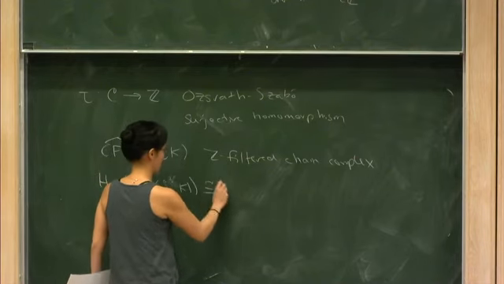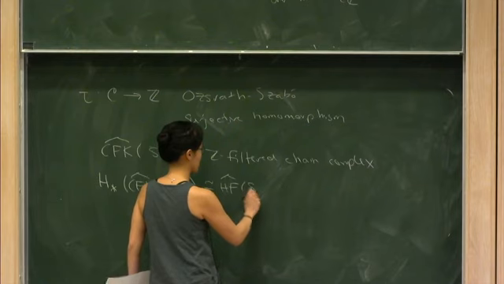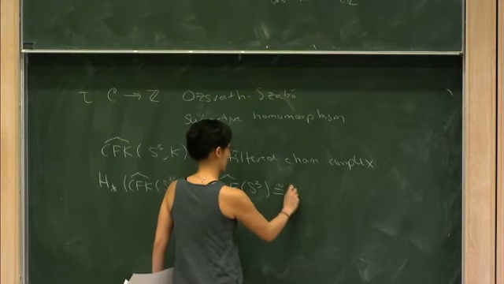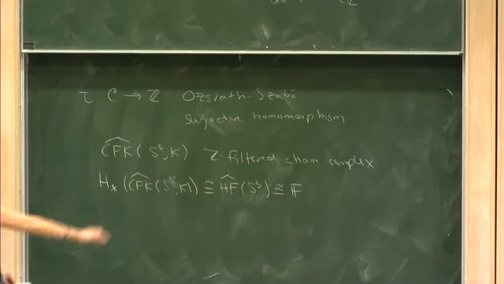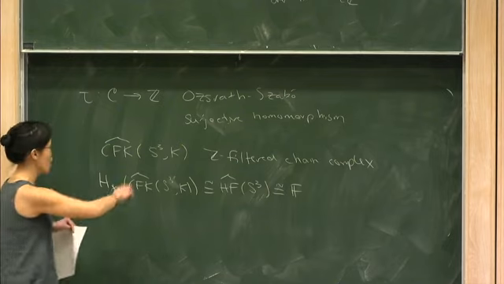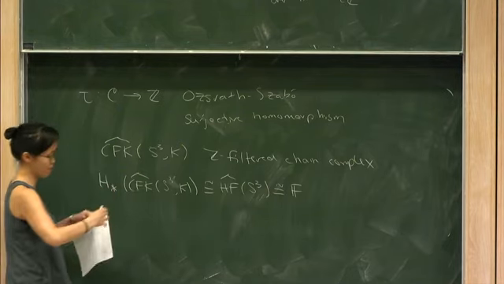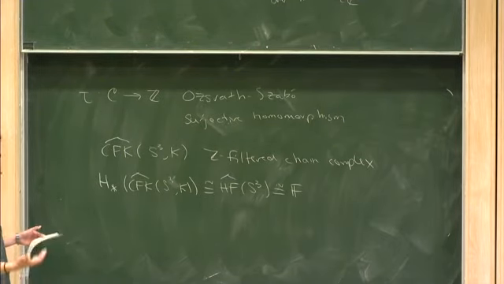This is going to give you HF hat of the ambient manifold, which in this case is just F. And then tau is defined as follows: you look for the smallest filtration where the natural inclusion from that filtered subcomplex to the whole thing is surjective on homology.